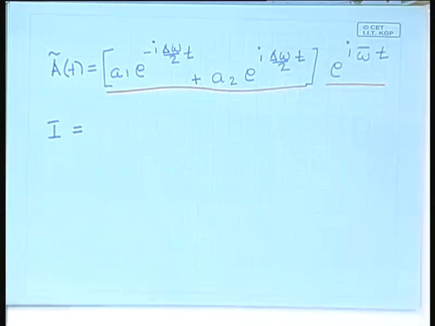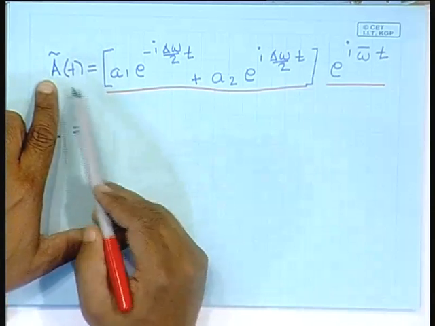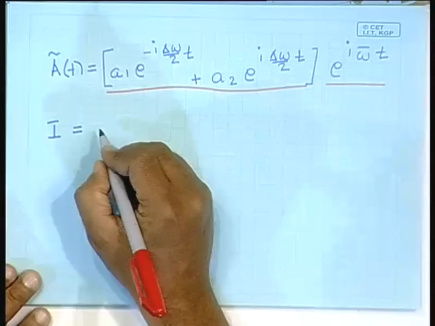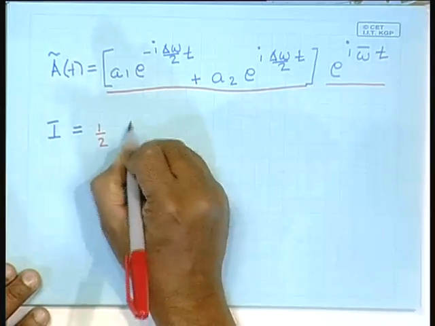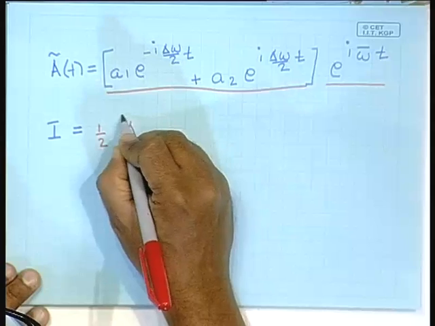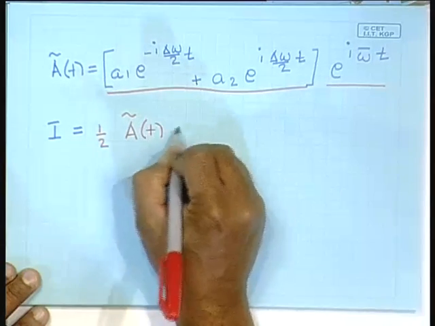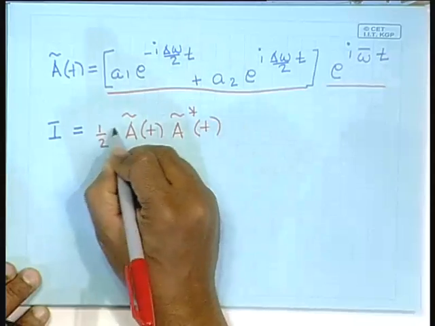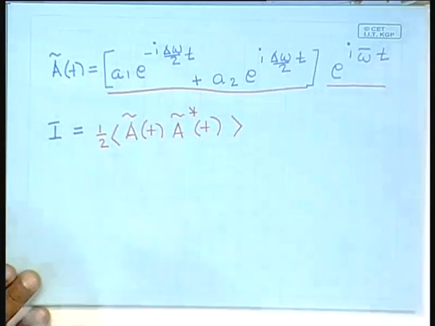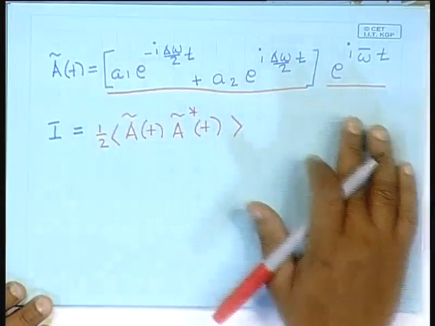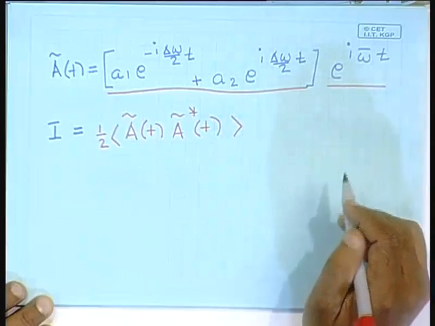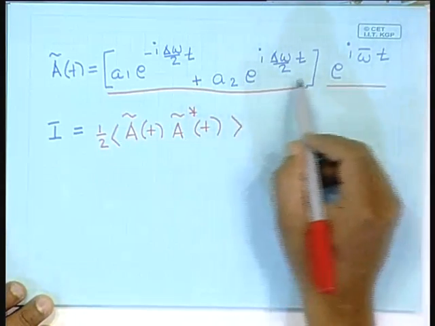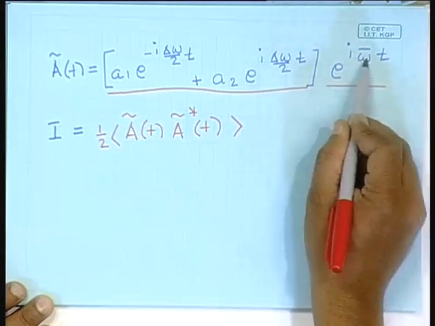So, the intensity is the time average of the square of this with a factor of half, which I can write in this fashion. And we should remember to do an average over a time scale which is somewhere intermediate between this and this.